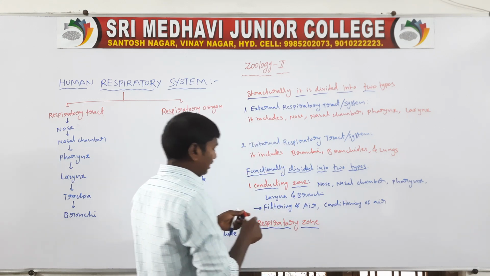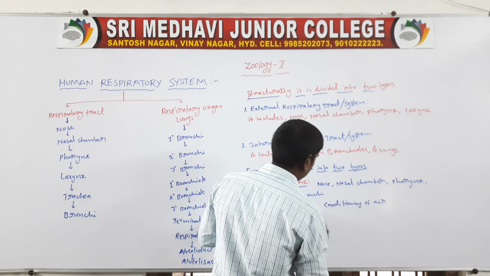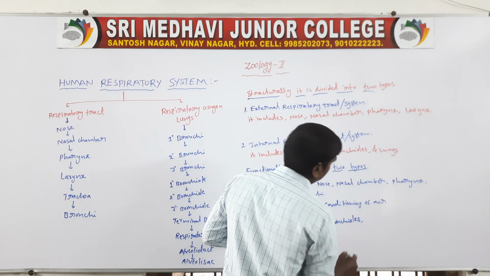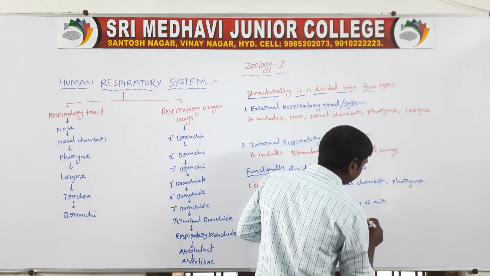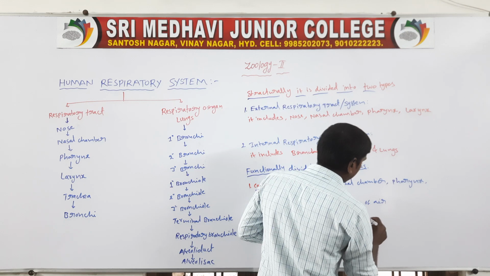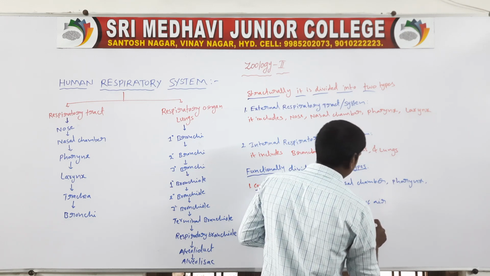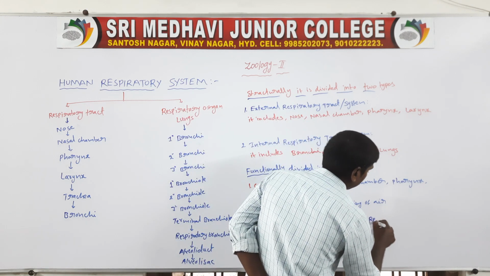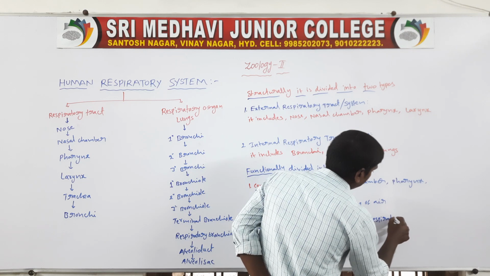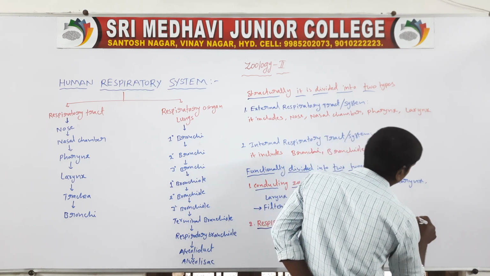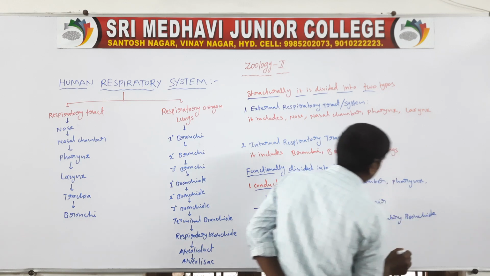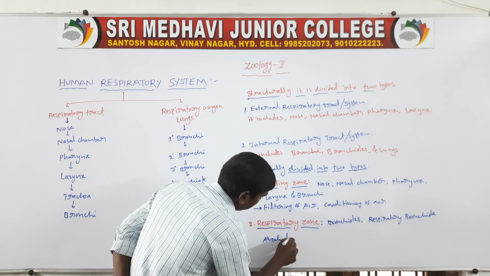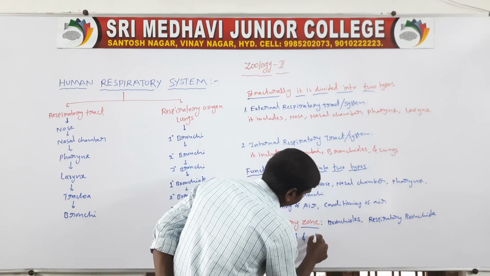Next, the respiratory zone. The respiratory zone is present in the bronchioles, terminal and respiratory bronchioles, alveolar duct, and alveolar sac.